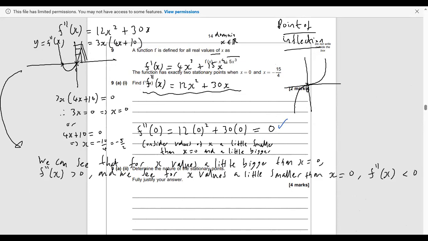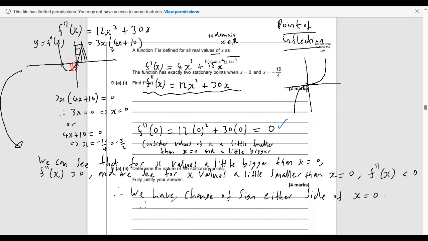And again, that's because if we plug in an x value a little bit smaller than 0 into our f'' curve, we're getting negative numbers on the y-axis, aren't we? So we've got a change of sign. Therefore, we have a change of sign either side of x equals 0.